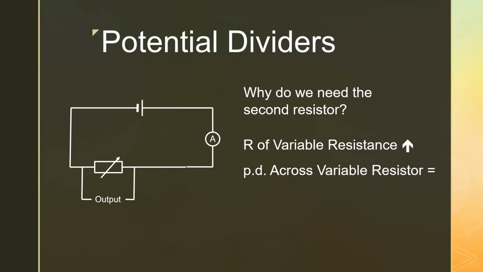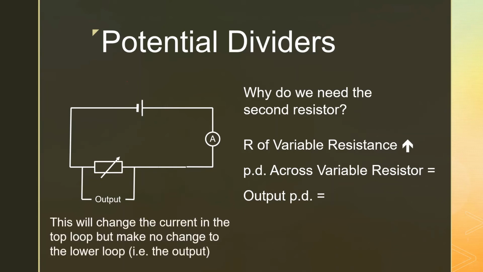So, coming back to my workings over here, I've said that if the resistance of the variable resistor goes up, the PD across the variable resistor stays the same, and therefore the output PD stays the same. We are not changing anything by changing that variable resistor. All we're doing is changing the current in that top loop, but it makes no difference to that lower loop, i.e. the output.